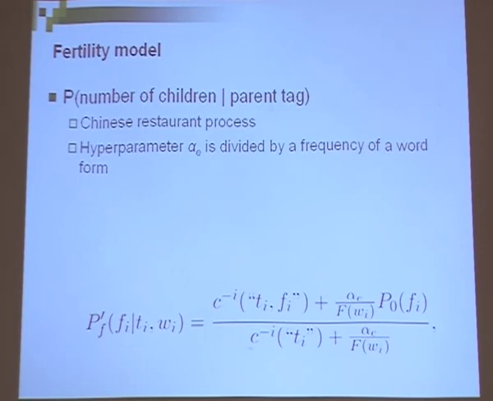It's less likely for a node to have a fertility of 10 children than only 1 child. So I use some prior probability, which is set to 1 over 2 to the power of the number of children.